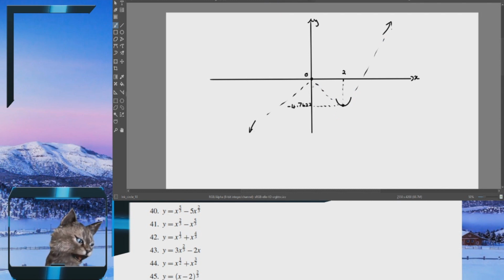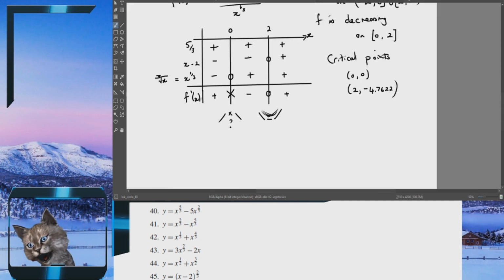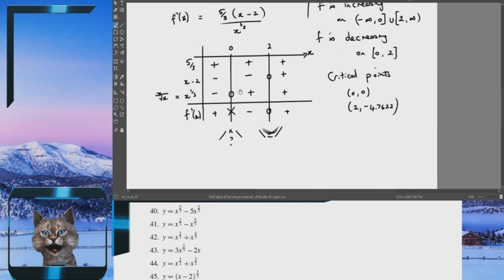I think we should maybe try and figure out what's happening at 0. Well, I know my function's defined there. I have a point, I have a critical point, everything is okay. But when I look at the tangent line slopes, in other words, the derivative, it's undefined. What happens to this derivative function when x gets close to 0? The numerator isn't getting close to 0.